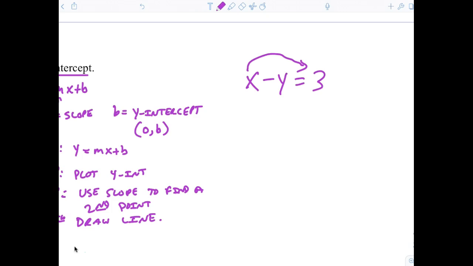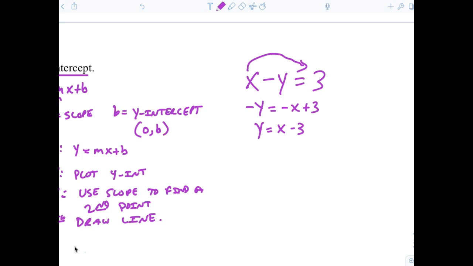Negative. So now write down negative y equals negative x plus 3. The negative in front of the y just means to do what to all signs? Change all signs. So in this case, y is equal to x minus 3. Is everybody happy with that?